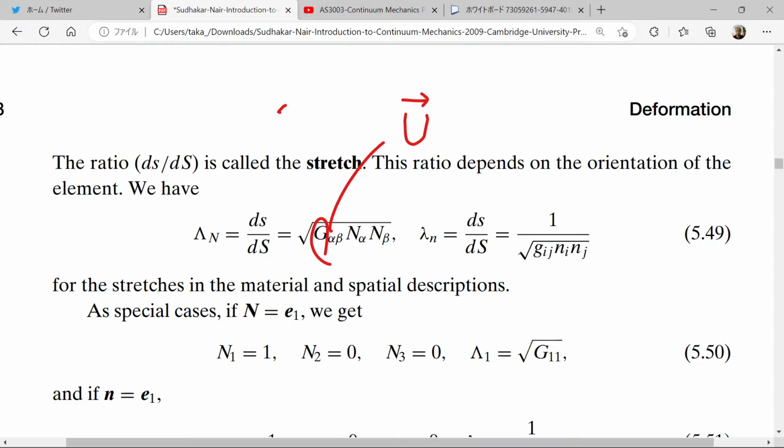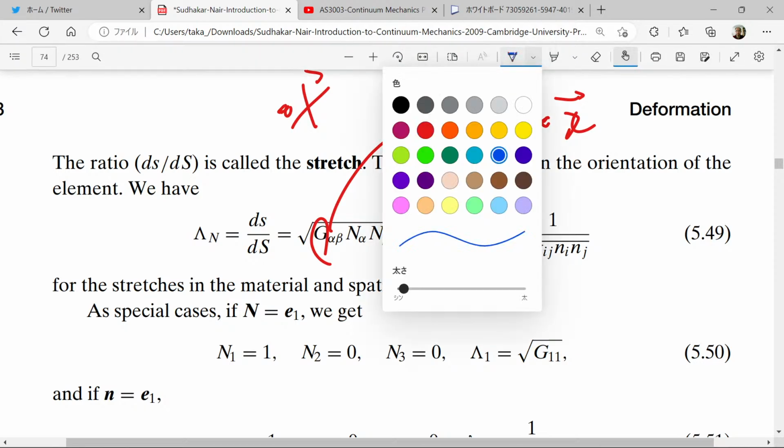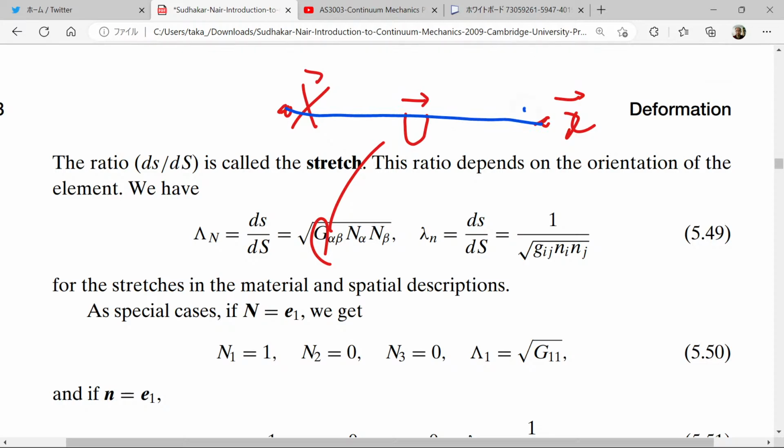So there is a material coordinate and spatial coordinate, which is also vector. And U, let me change color. U is the vector between this, okay?